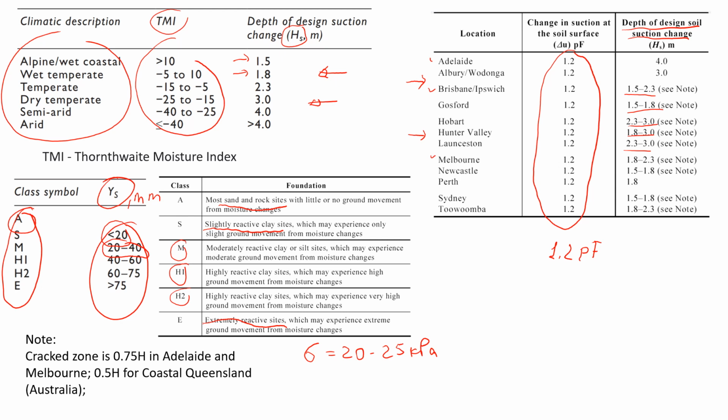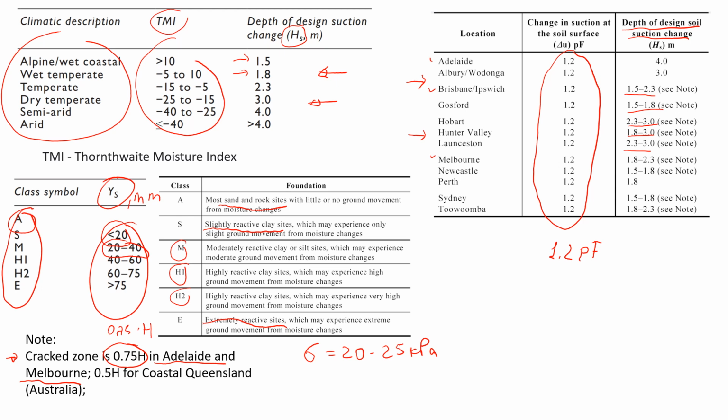Okay, and before we go to the example, again for Australia, these are suggestions, recommendations. Again, this is very general. If you have some specific site data, then you're going to use the specific site data. If you don't have anything, the recommendation is that for Adelaide and Melbourne, the depth of the cracked zone will be 0.75 of the depth of the active zone.